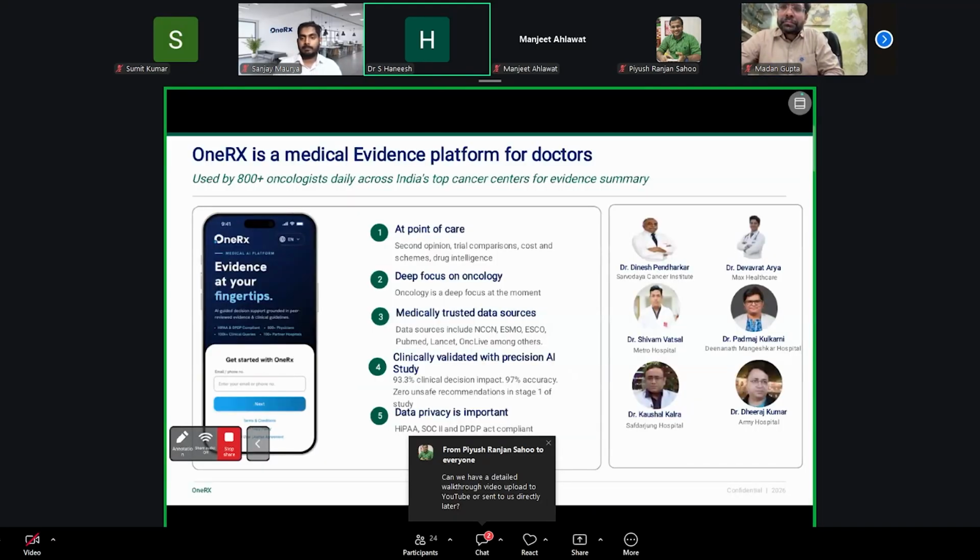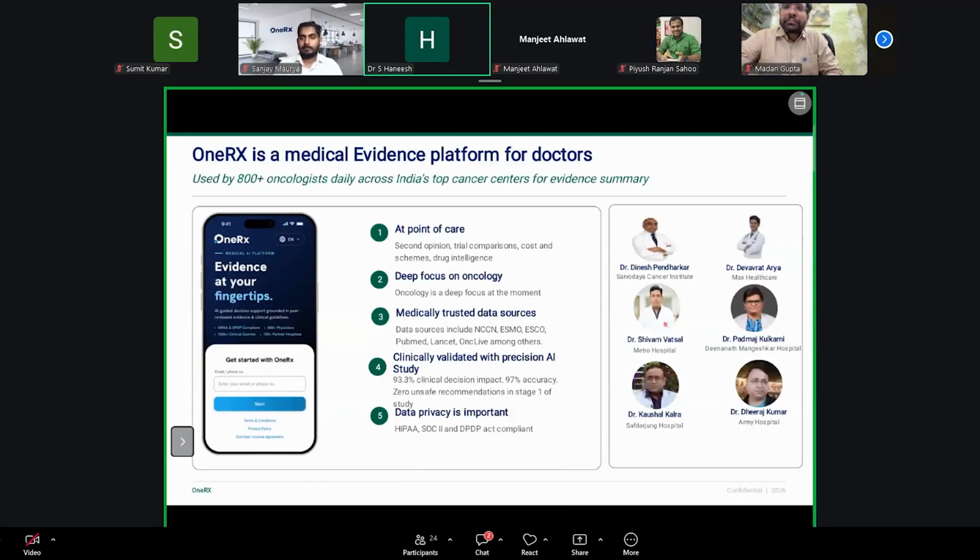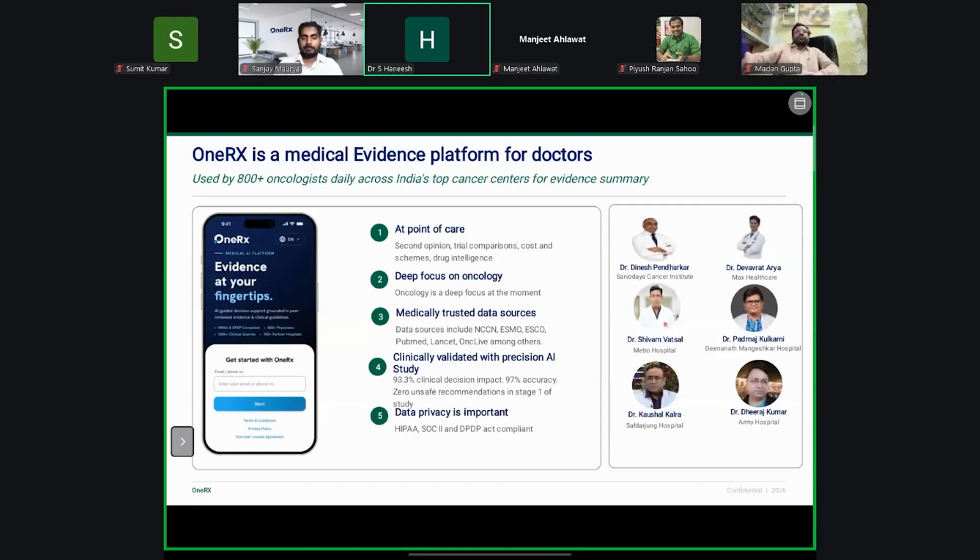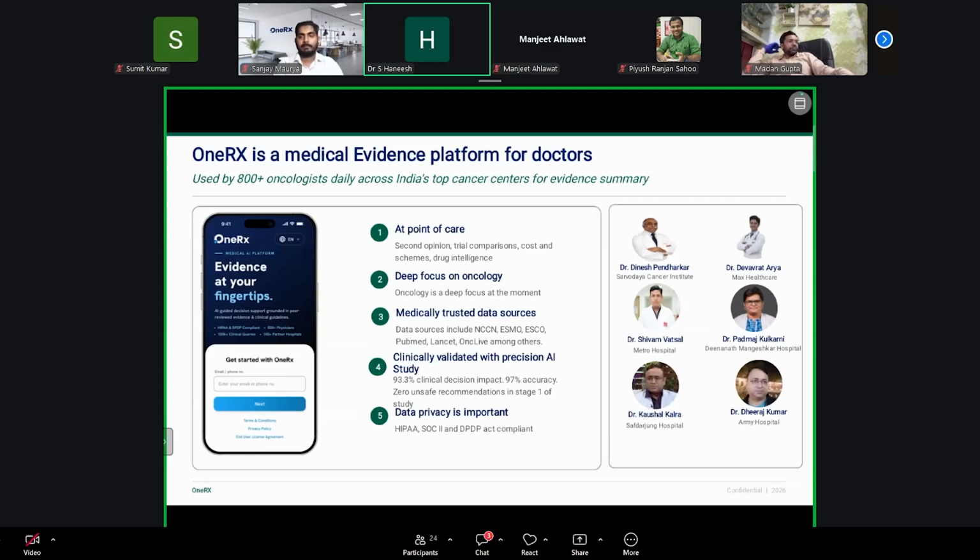So we are in OneRx, a medical evidence platform for doctors. At the moment, used by 800 plus oncologists daily across India's top cancer centers for evidence summaries. What OneRx gives you at the point of care: second opinion, trial comparisons, cost and schemes, drug intelligence, and a deep focus on oncology. Medically trusted data sources we have built from NCCN, ESMO, ASCO, PubMed, Lancet, OncoLive, among others, and clinically validated with a precision AI study.